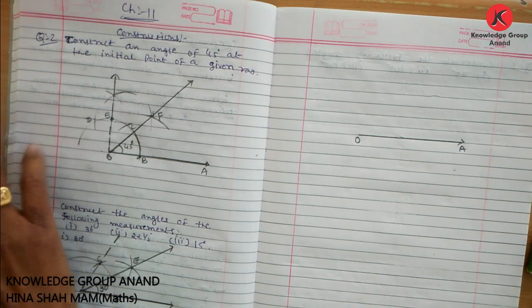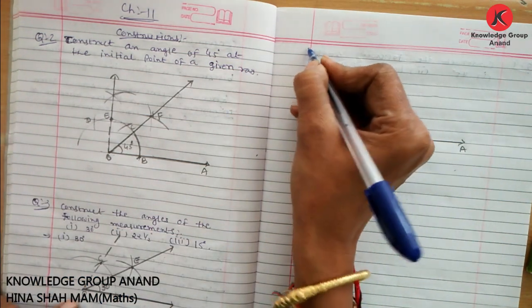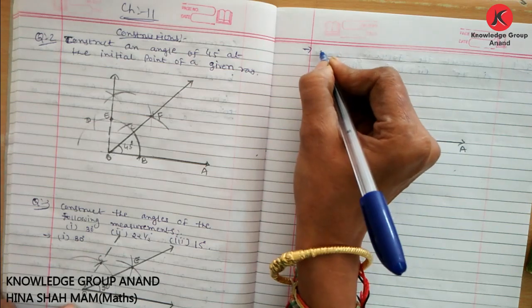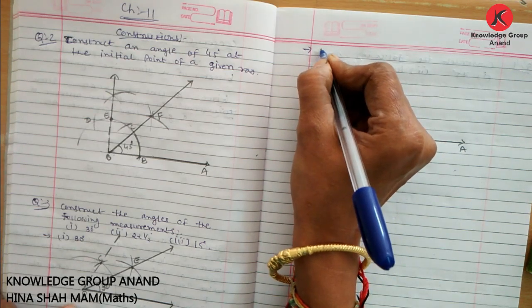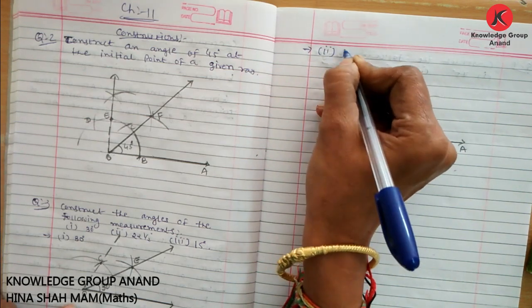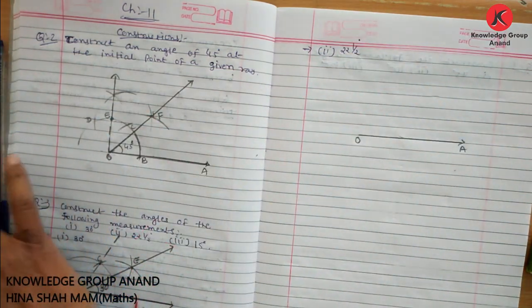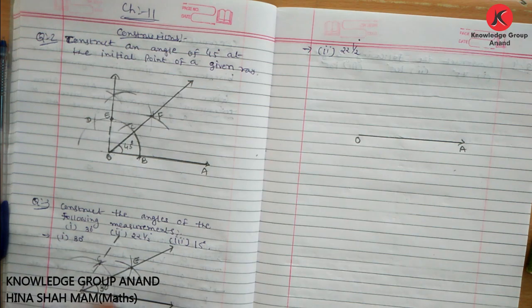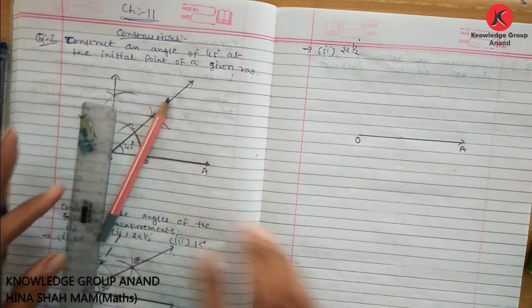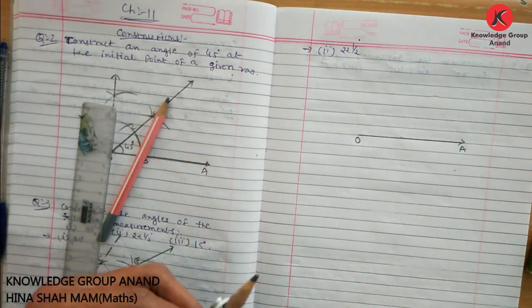Second, 22 and a half degrees. Draw ray OA.